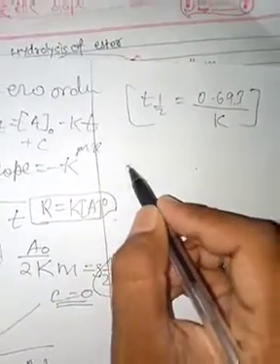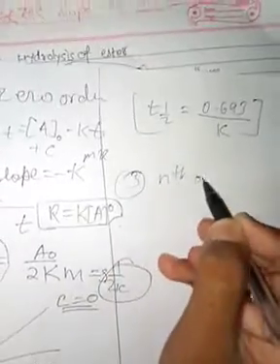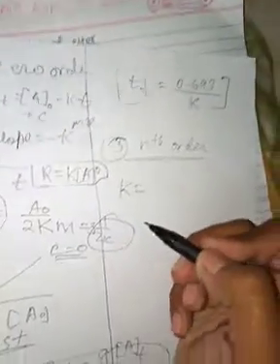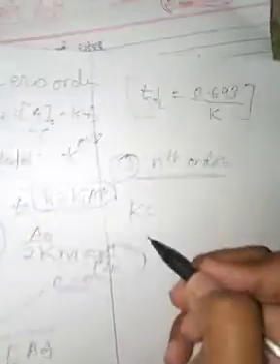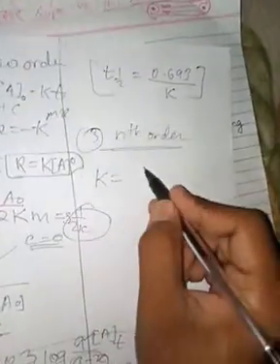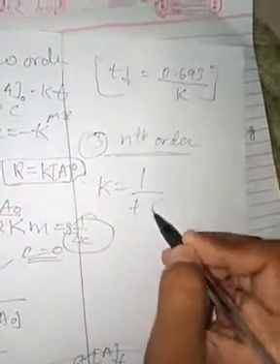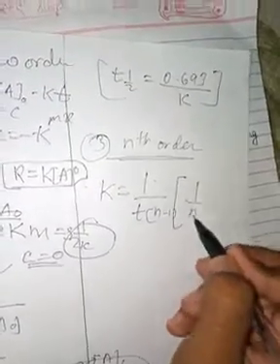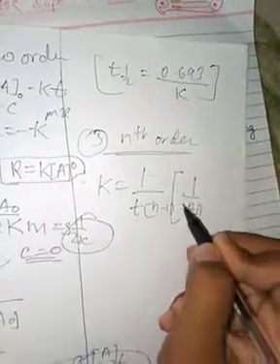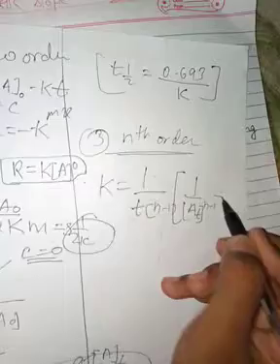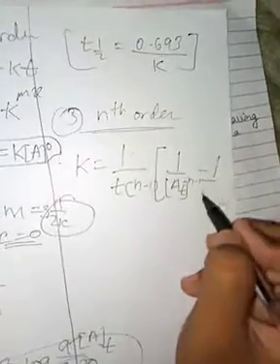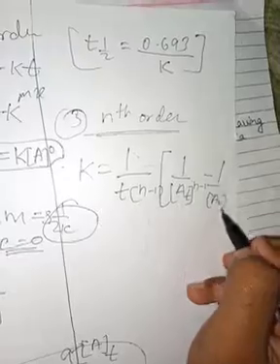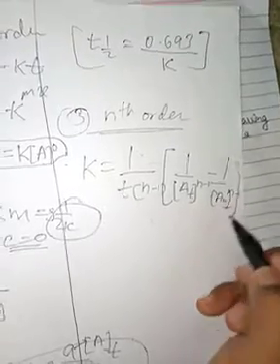Now I am coming to the third point, that is nth order reaction. For this, the expression for k is 1 upon t times (n minus 1), times 1 upon a_t to the power n minus 1 minus 1 upon a naught to the power n minus 1.